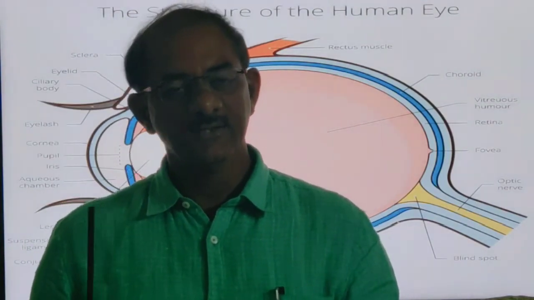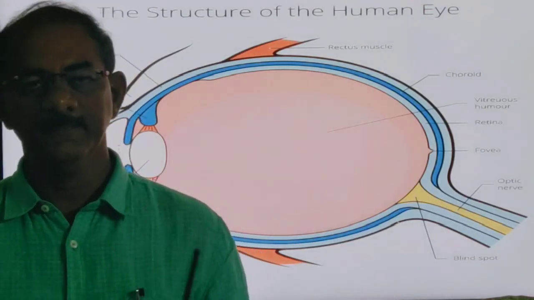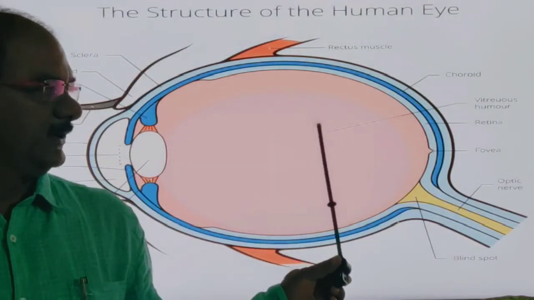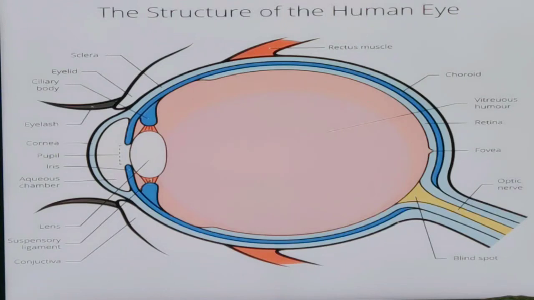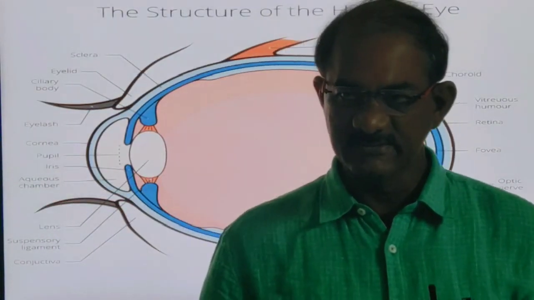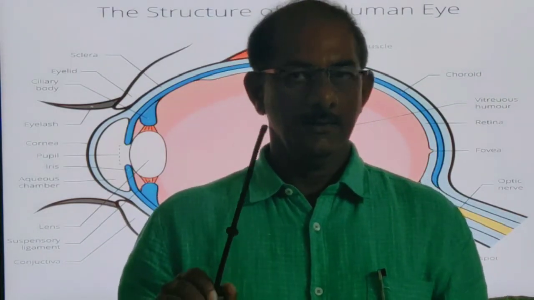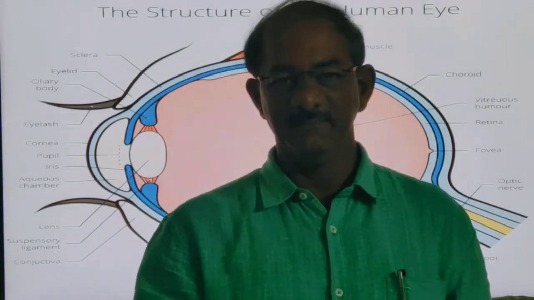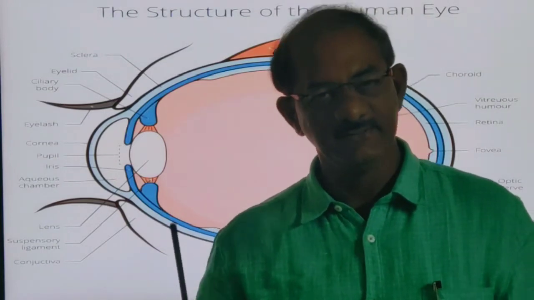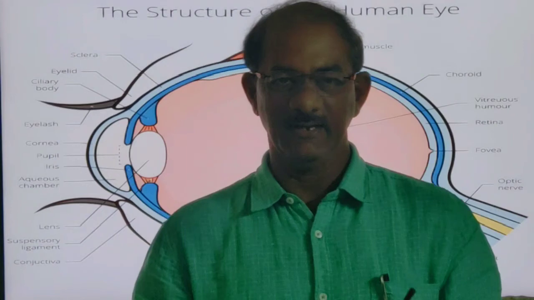As well as the cone cell, which also has pigment, a violet type of pigment. Rod cells are sensitive in dim light, and cone cells are sensitive in bright light.